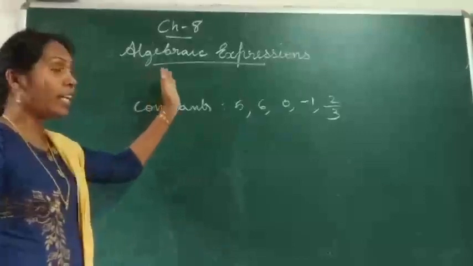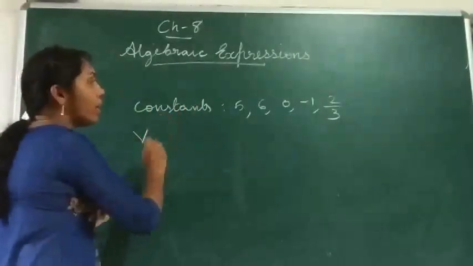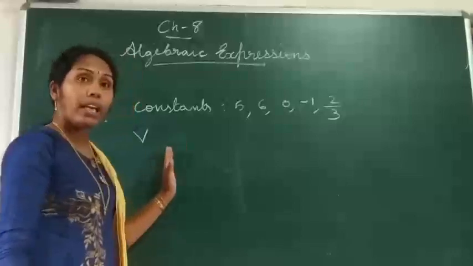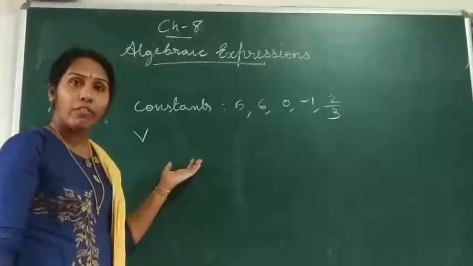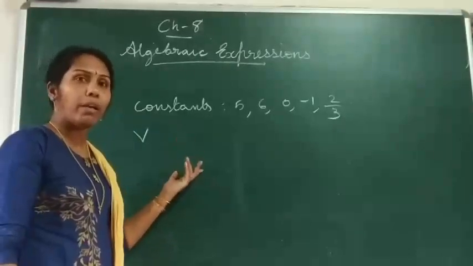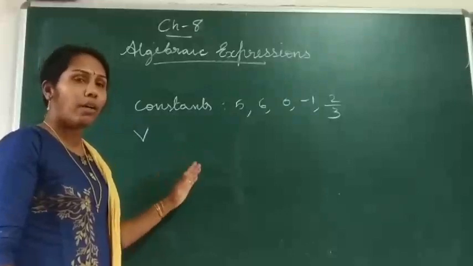Now, algebraic expressions also contain variables. Now, what are variables? Variables are symbols that can change their value or that do not have a fixed value, or they can take different numerical values according to the given situation.